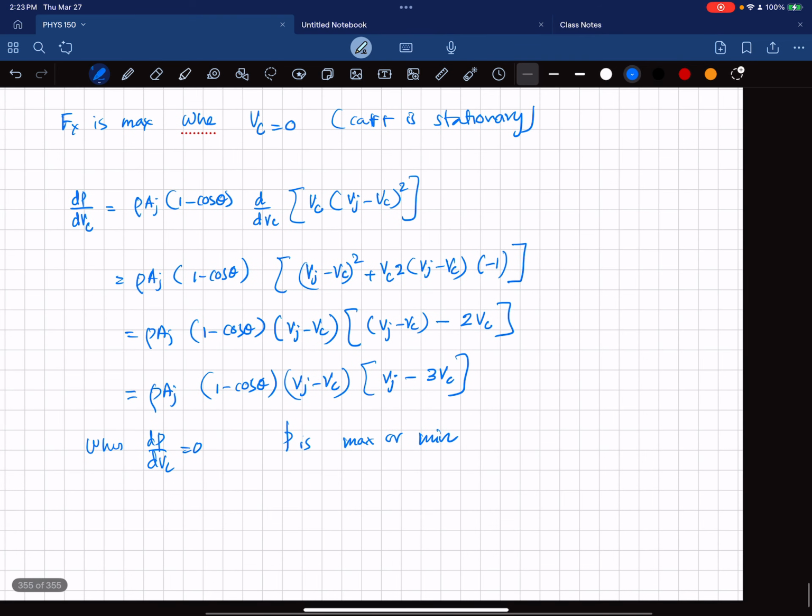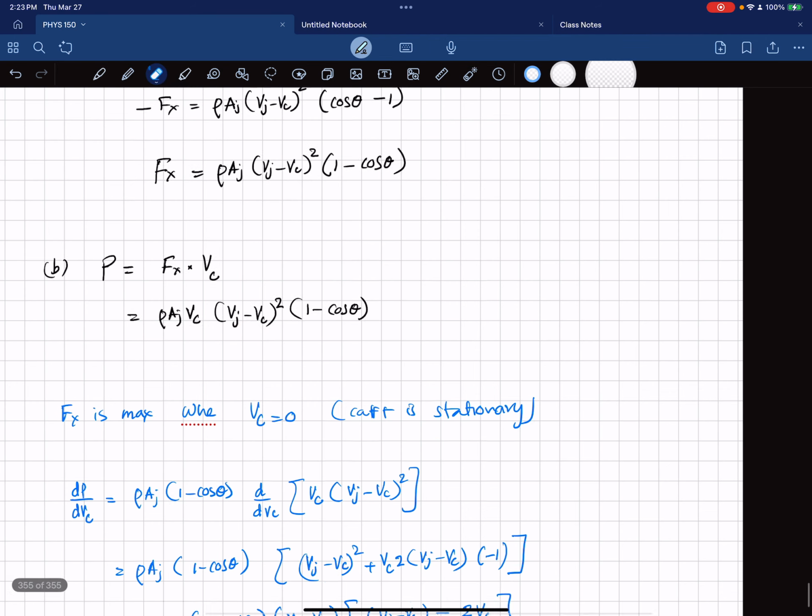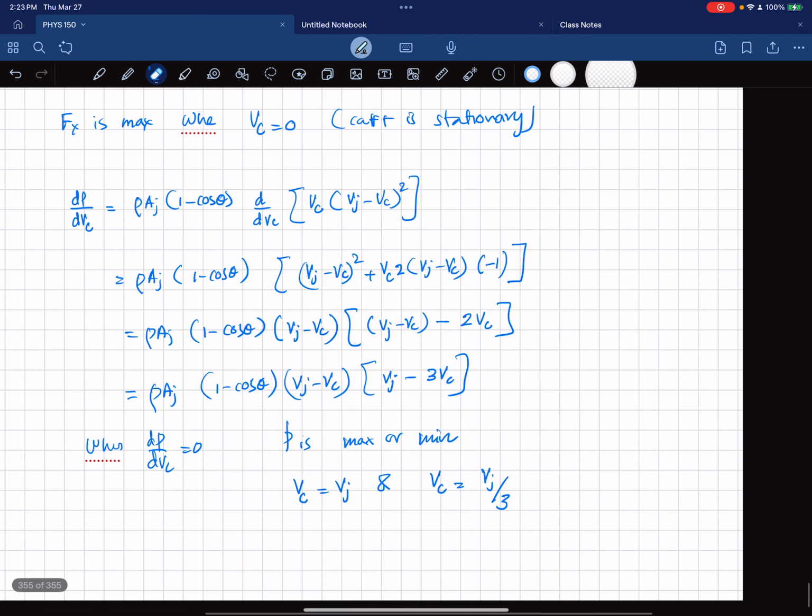Those values are Vc equals Vj and Vc equals Vj over 3. If Vc equals Vj, then this term is 0, which means P is 0. But P max occurs at Vc equals Vj over 3.